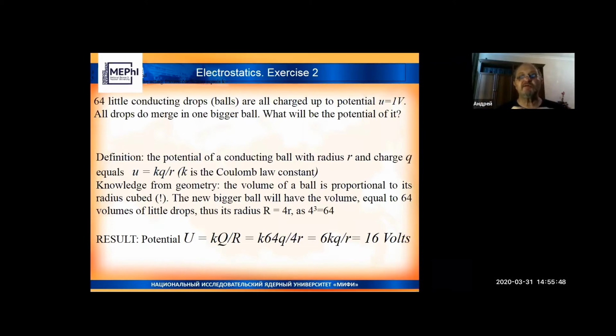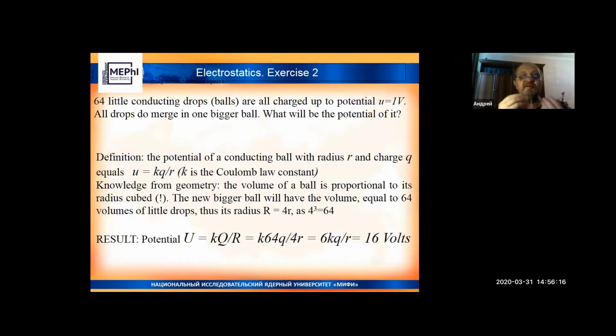If all these charges are little, we may consider them as point charges. If they are conducting, we may charge them somehow, so all of them are charged to one and the same charge, and all of them have one and the same potential. The surface of the ball and everything inside, where the ball is conducting, has the same potential. You should know that.